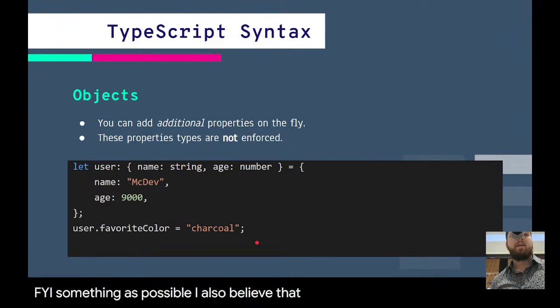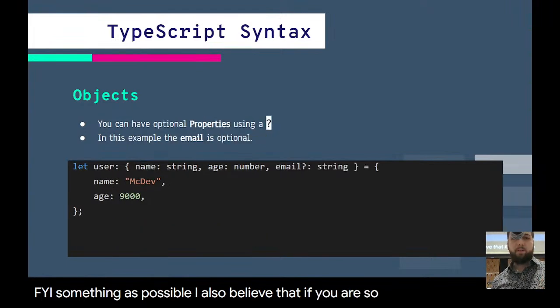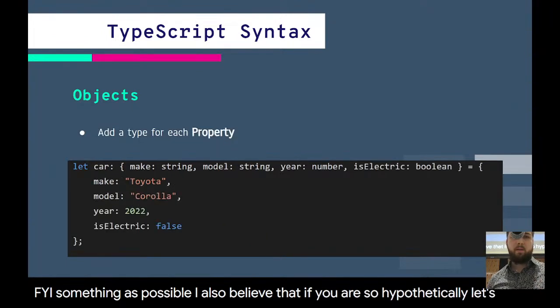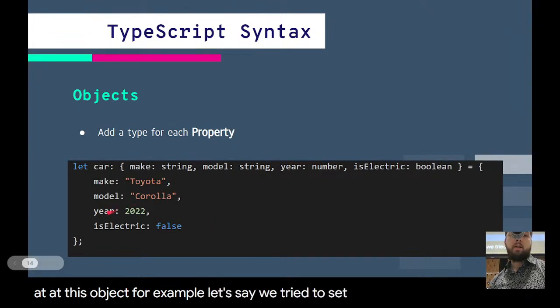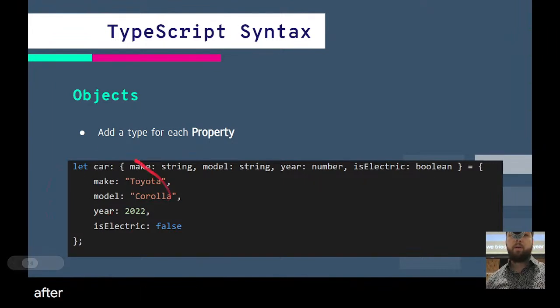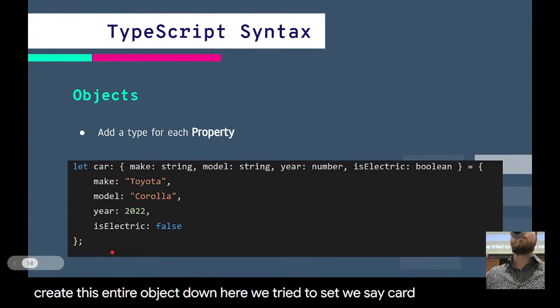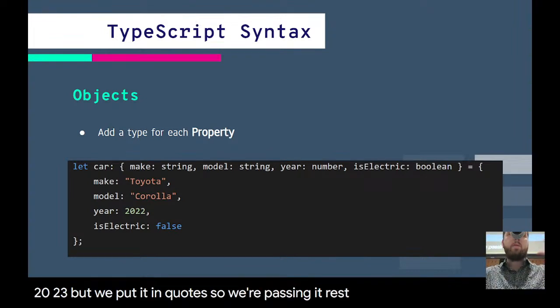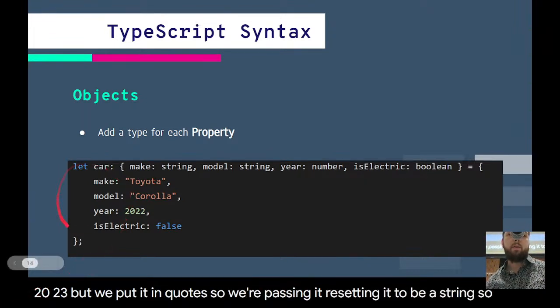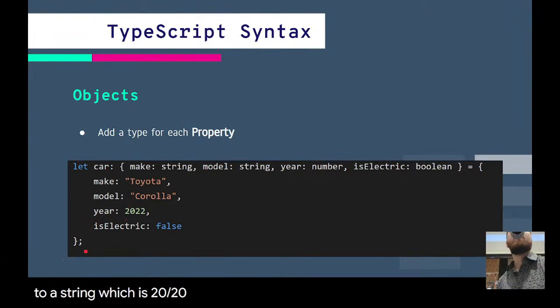Hypothetically, let's look at this object, for example. Let's say we tried to set the year down here after we create this entire object. Down here, we say car.year equals 2023, but we put it in quotes, so we're setting it to be a string. Imagine after all this, we try to set the year to a string, which is 2023.